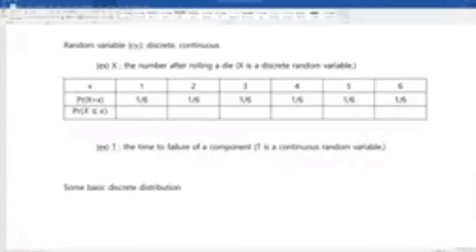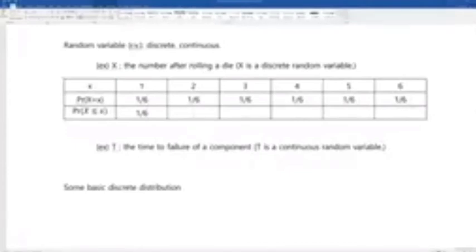That is all 1 over 6. This is the probability that the outcome X is smaller than or equal to this number. So smaller than or equal to 1 would be 1 over 6.